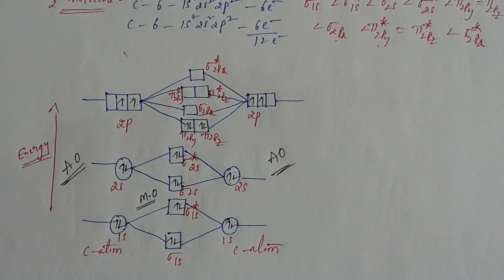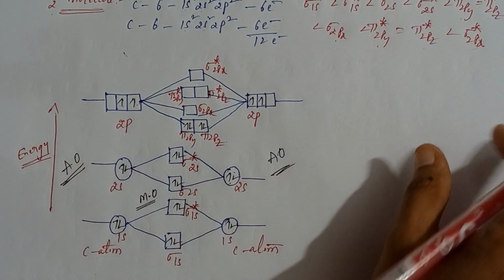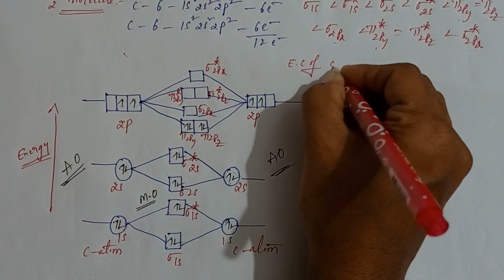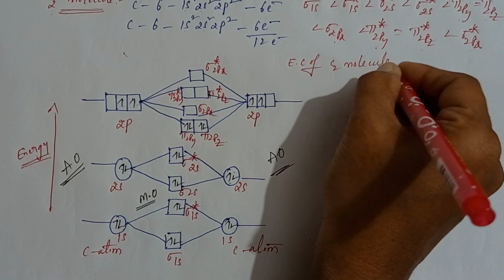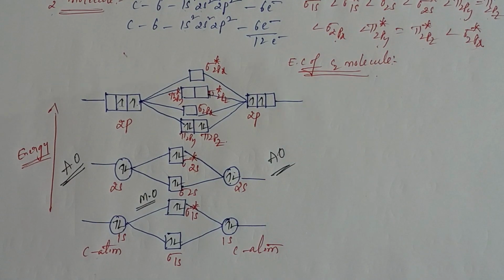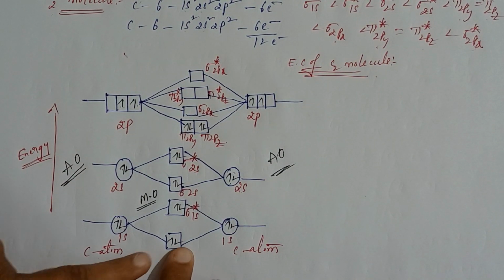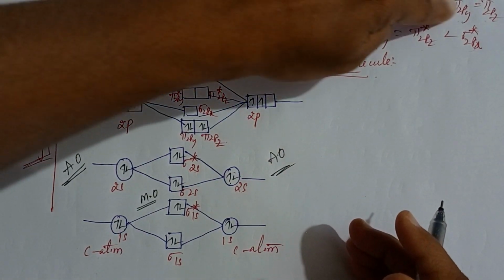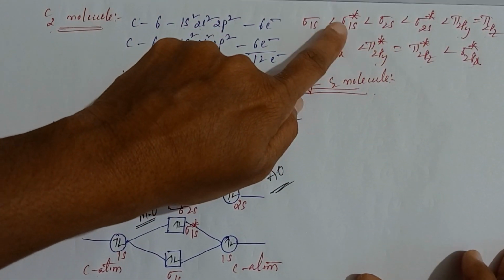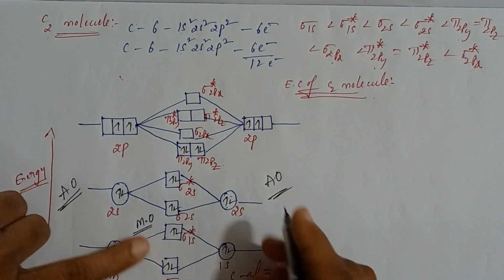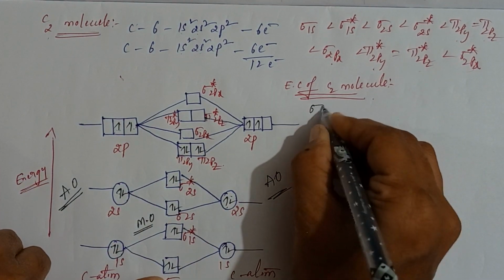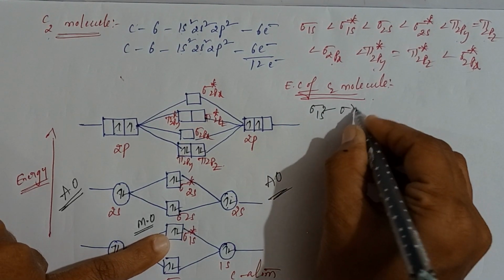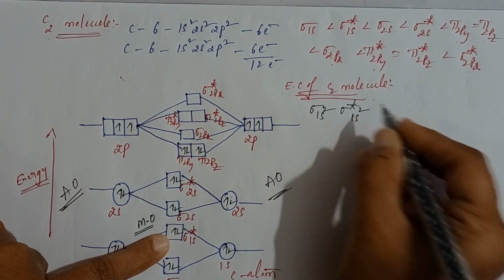Now first you should write the electronic configuration. Tell me, students, what is the electronic configuration of the C2 molecule? From down to up you have to tell me. In this order only we are writing. First sigma 1s, how many electrons? 2. Next, sigma star 1s, 2 electrons.